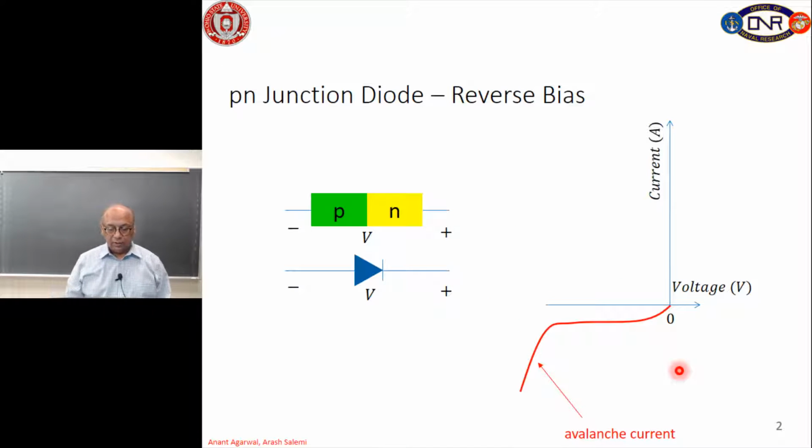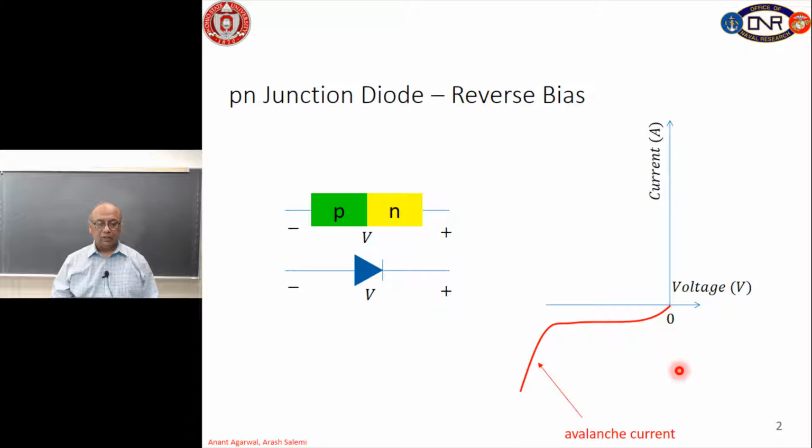So, last time we had discussed the p-n junction, forward bias case and reverse bias case, and in reverse bias we had two types of leakage currents.